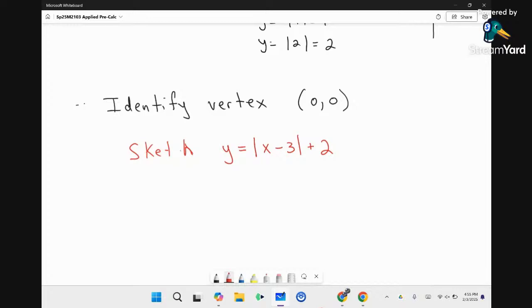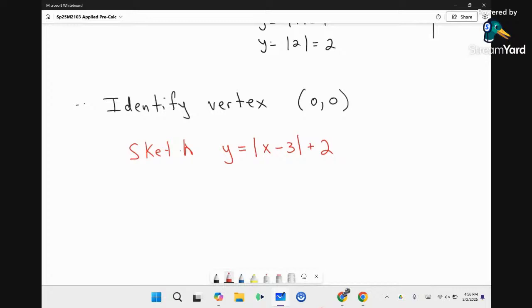You're going to turn to a neighbor in a second and compare your answers for h and k. If you're in agreement, that's your vertex, because that's your shift. 0, 0 is going to shift by what h and k are.